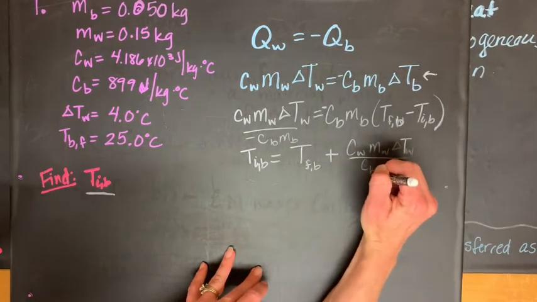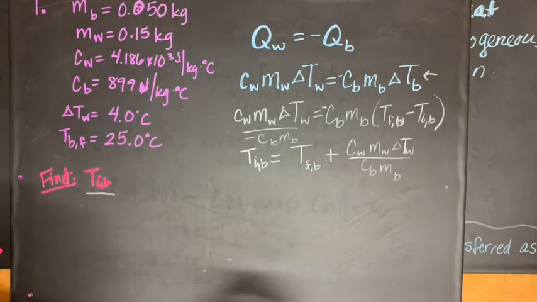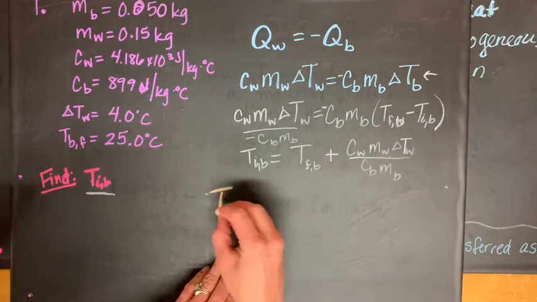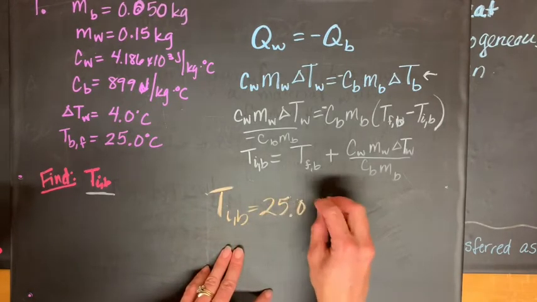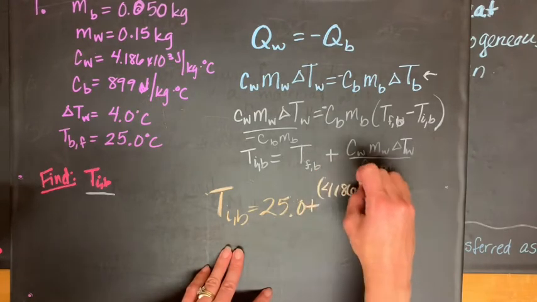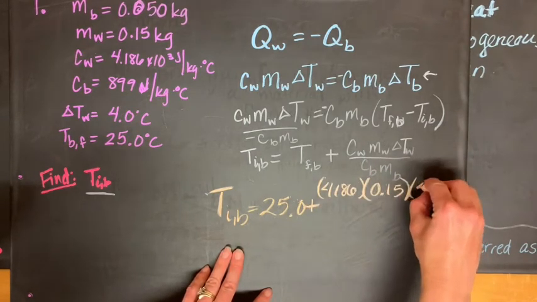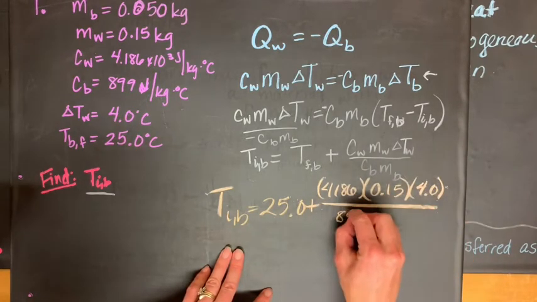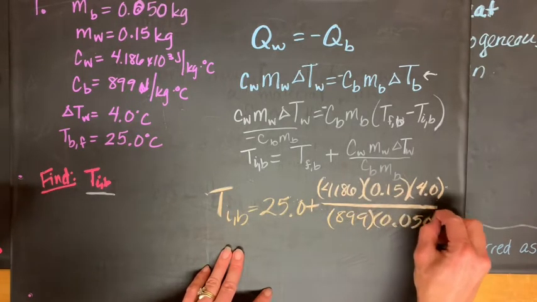Divided by the specific heat of your bolt times the mass of your bolt. All right. So we just put our values in: 25.0 plus 4186 times 0.15 times 4.0, divided by 899 times 0.050.